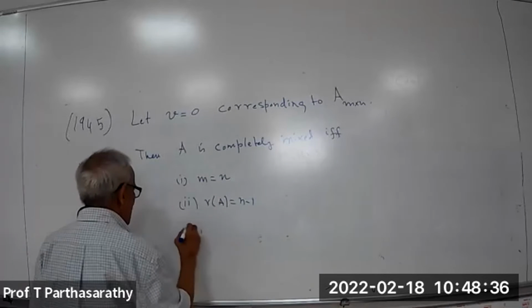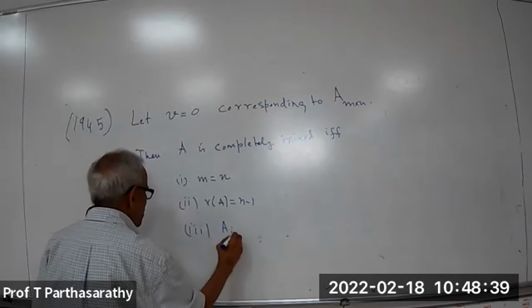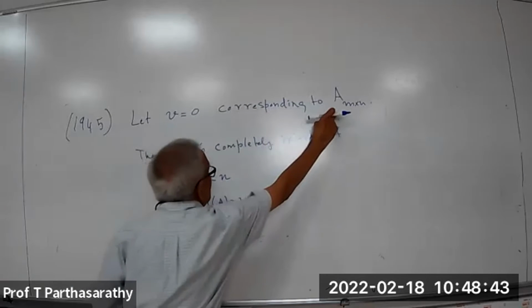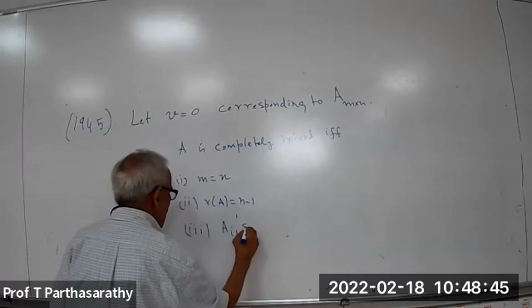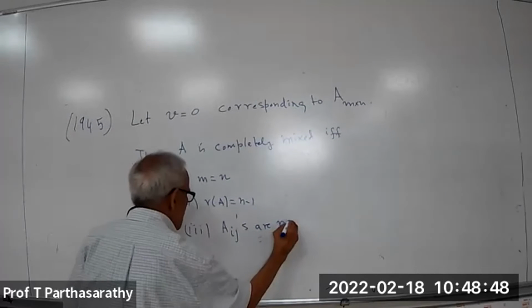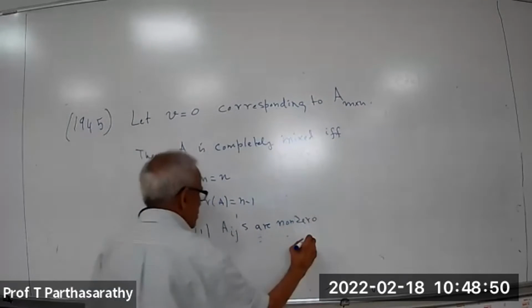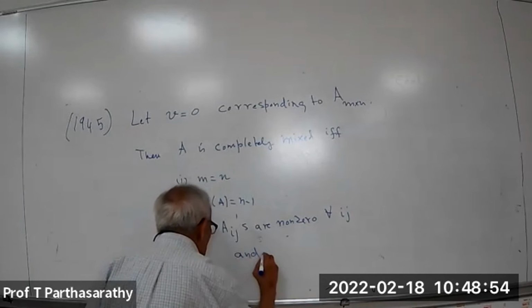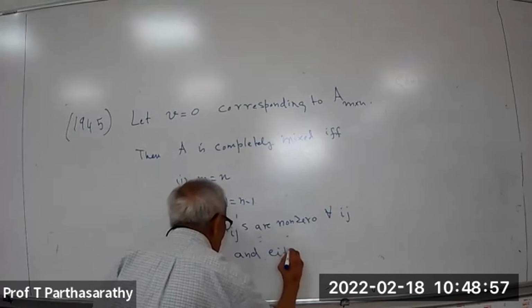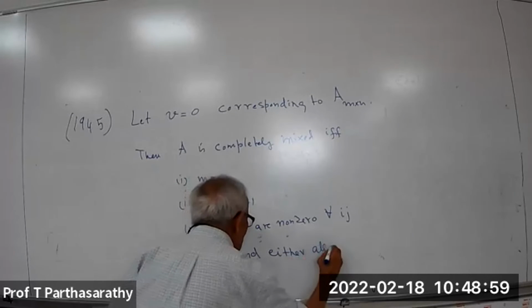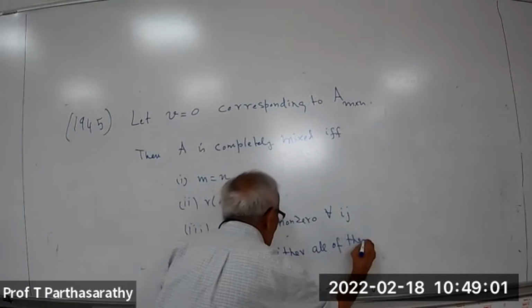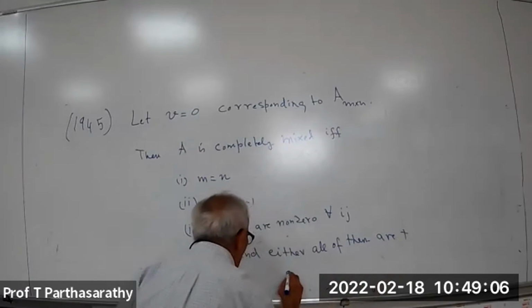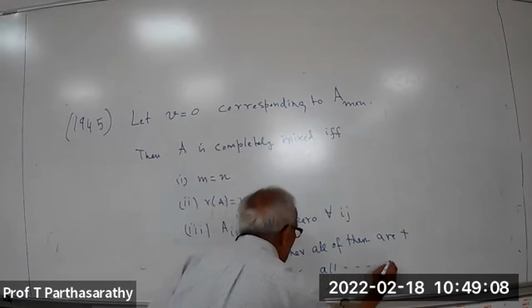3, the cofactors Aij of the ijth elements of A are non-zero for all i, j, and either all of them are positive or all of them are negative.